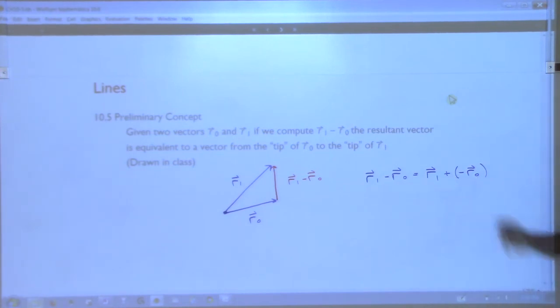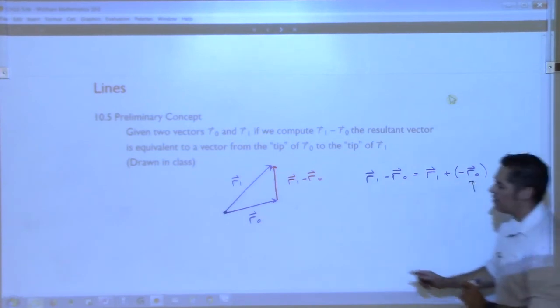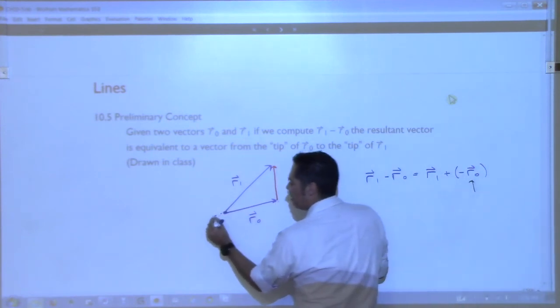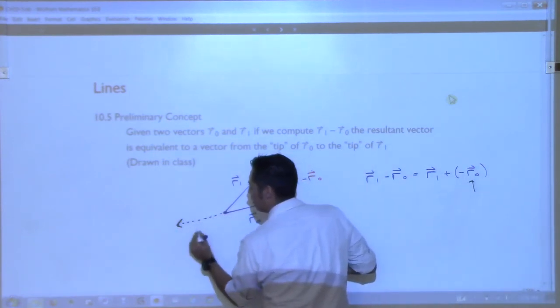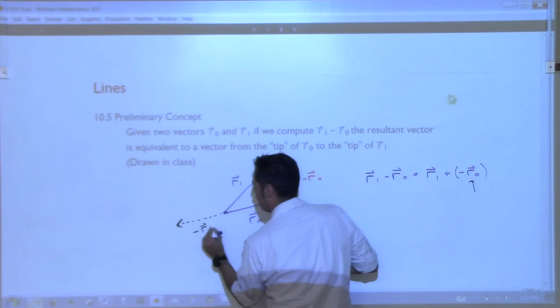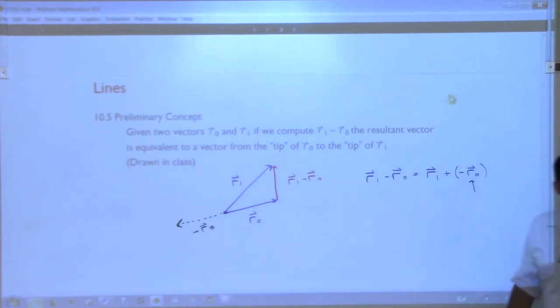Yes? Okay, so let me draw for you this vector. Negative R0 is that vector pointed in the opposite direction, right? That's negative R0. That black vector.